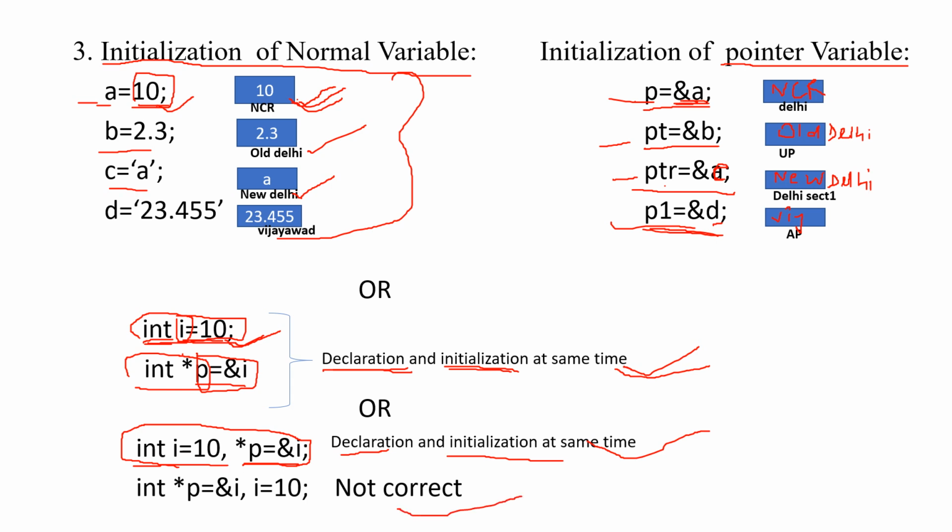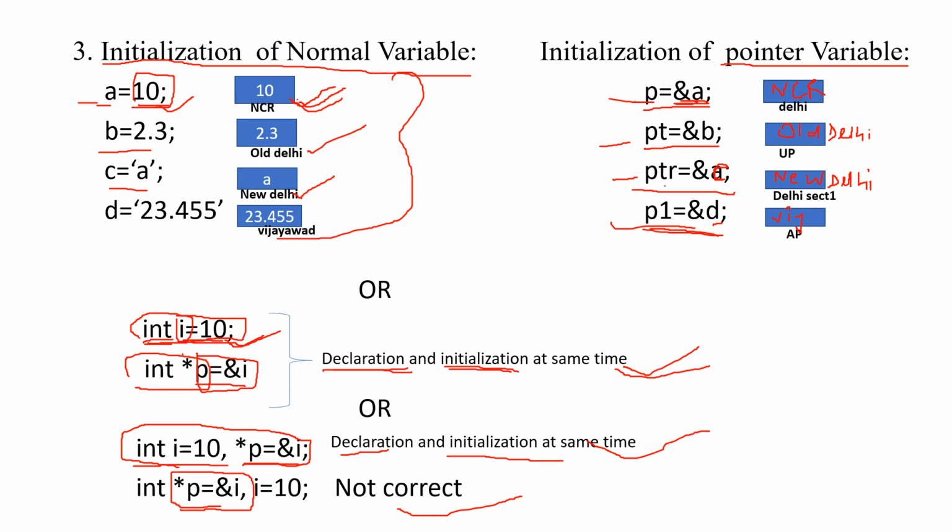Do remember what I am doing here. I am giving the address of i to p, my pointer. Tell me, if you don't purchase any land, how do you know the address?